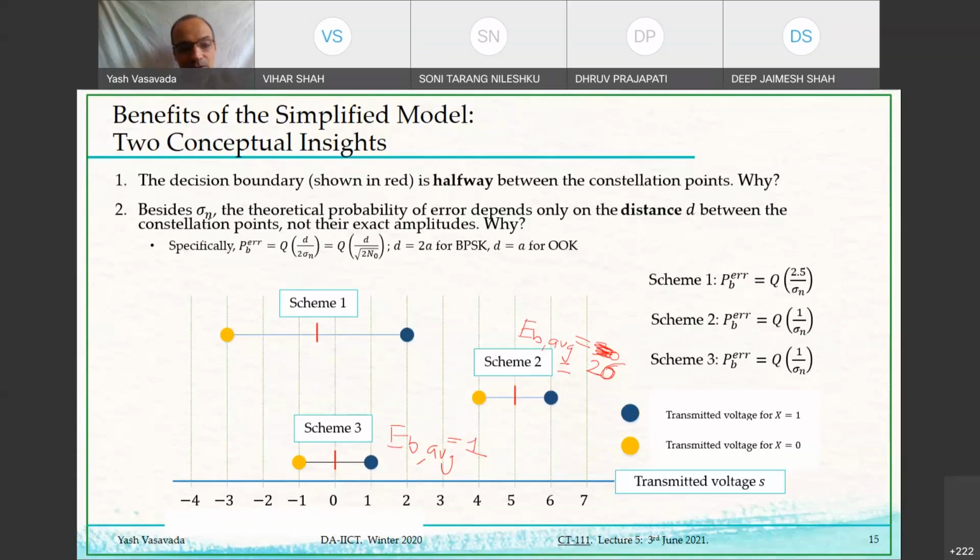As an engineer, you want the phone battery to last longer. The battery is nothing but energy storage. So if you transmit each bit using only 1 unit of energy, compared to scheme 2, for which you transmit 26 units of energy, you are going to be more energy efficient.